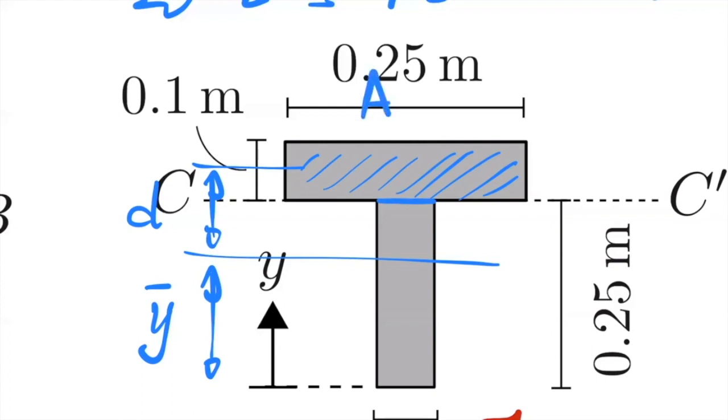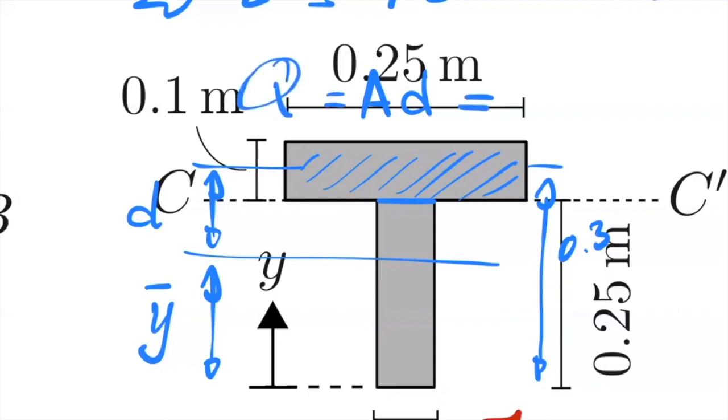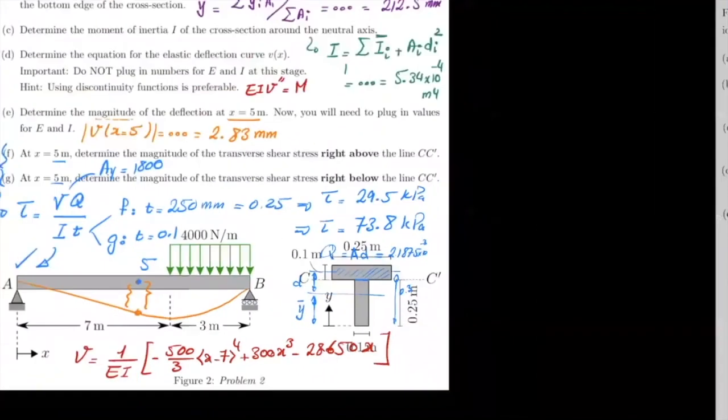That distance is 0.3 minus y bar, which is 0.2125, because 0.3 is here. And the area is just 0.25 times 0.1. If you do that, you get your Q, which is 2.1875 times 10 to the minus 3. Thank you for the question.